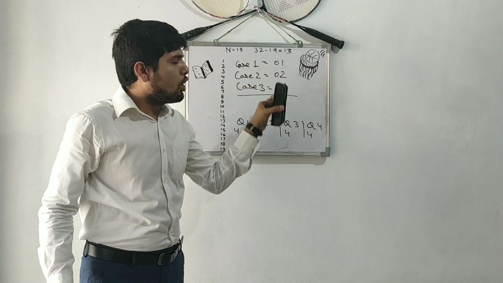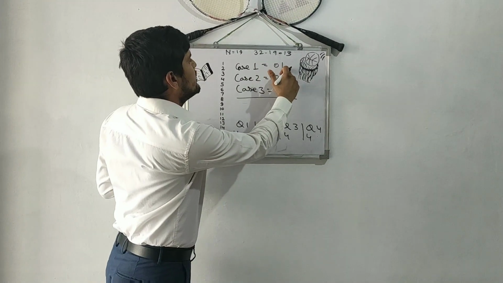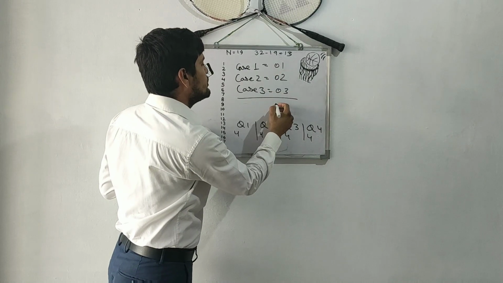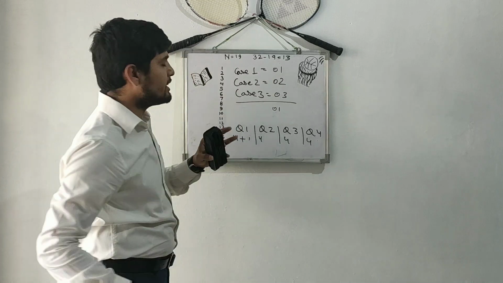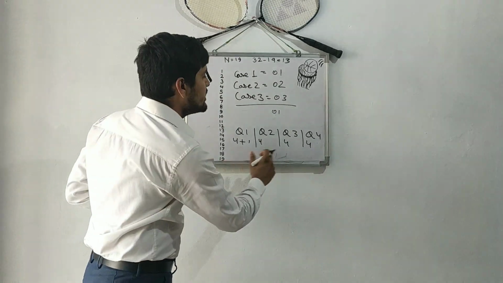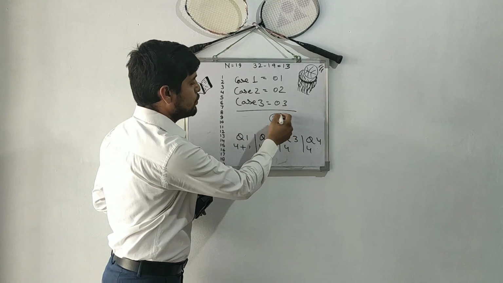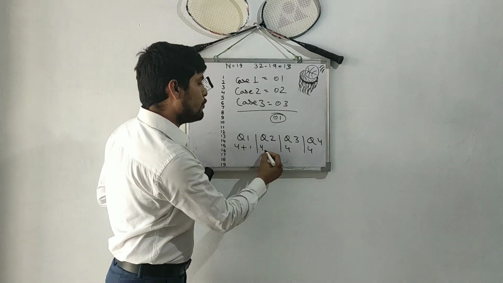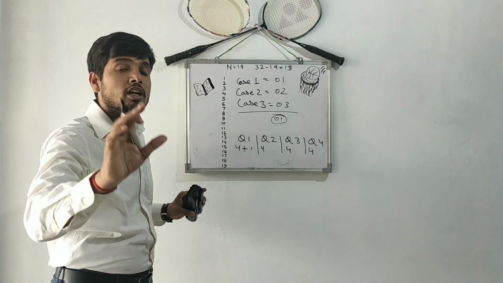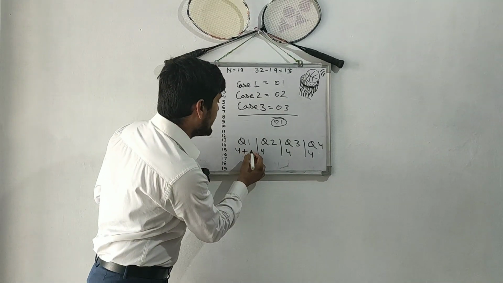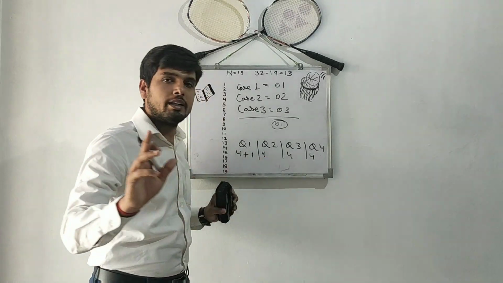I will explain all the cases first. In case 1, in case of remainder 1, you will add one extra team other than the quotient in the quarter. So if the remainder is 1, 4, 4, 4 in each quarter, plus one extra team in quarter number 1.